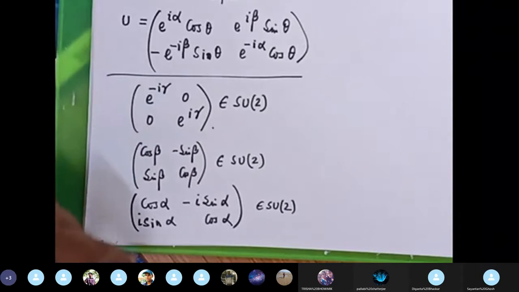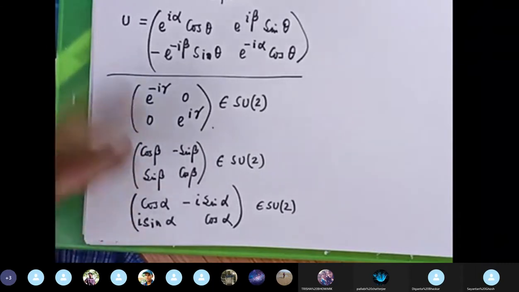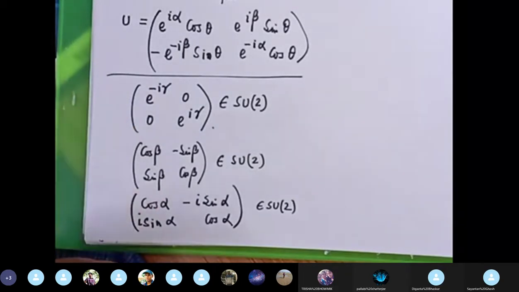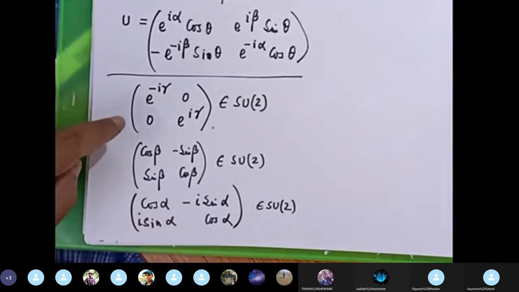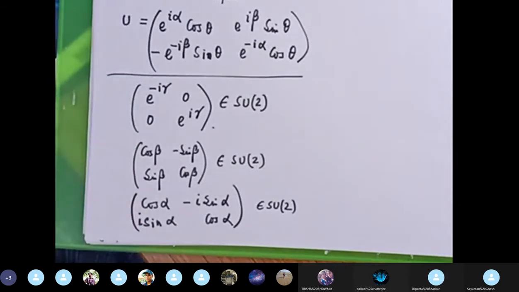Now if you multiply them in any order, since the determinant of A, B, C, the whole matrix, is determinant of A into determinant of B into determinant of C, their product will always have determinant 1 because each of them has determinant 1. Also, if all three are unitary, their product also has to be unitary.